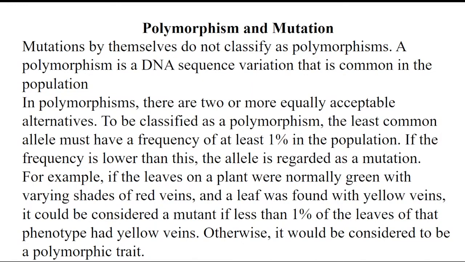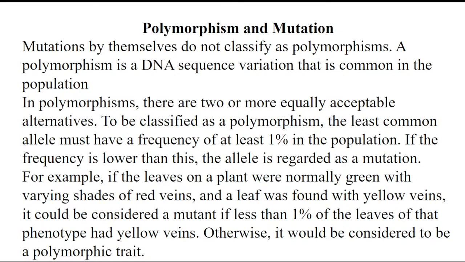To be classified as a polymorphism, the least common allele must have a frequency of at least 1% in the population. If the frequency is lower than this, the allele is regarded as a mutation.